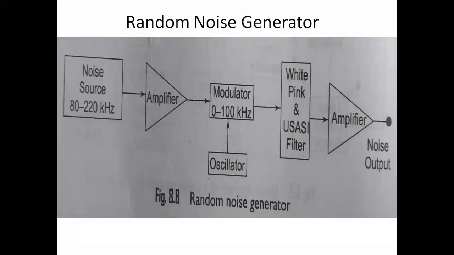This generator will produce 3 types of noise signals: white noise, pink noise, and Usasi noise. These 3 types of noise signals will be produced by the noise generator in a random fashion, with no sequence.